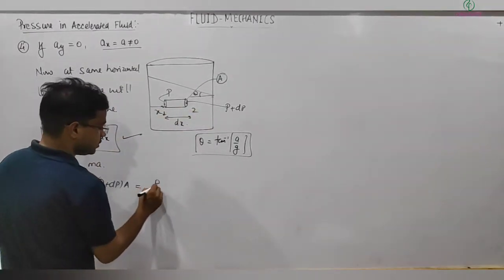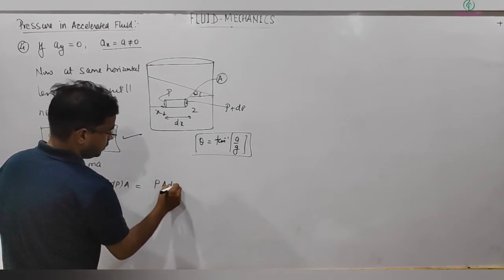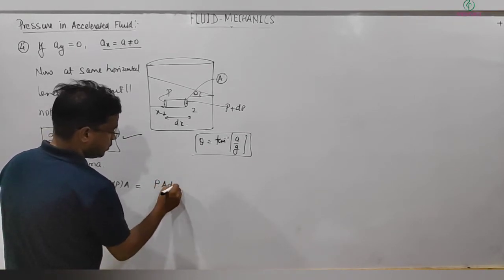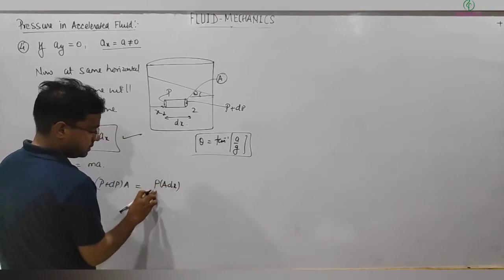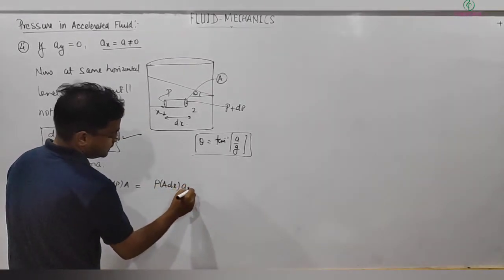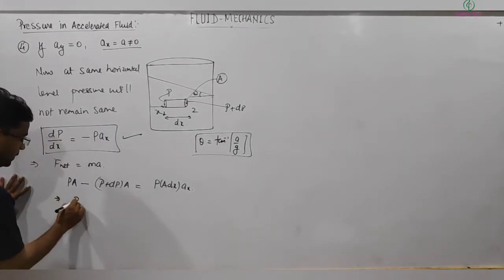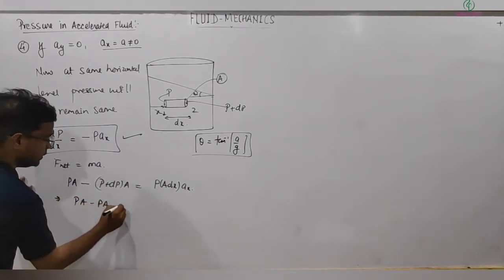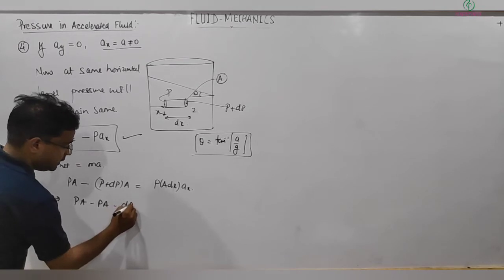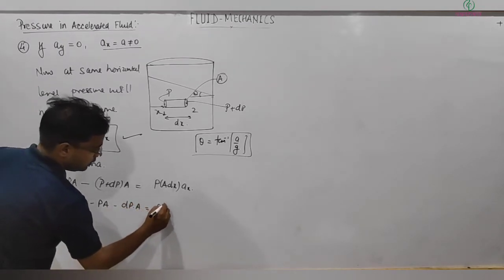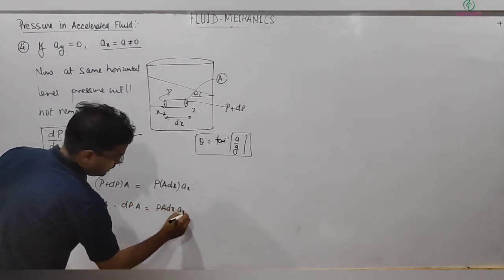The mass of this element is rho into area into dx, rho A dx, volume into ax, mass into acceleration. Simplifying, PA minus PA minus dp into A equals rho A dx into ax.